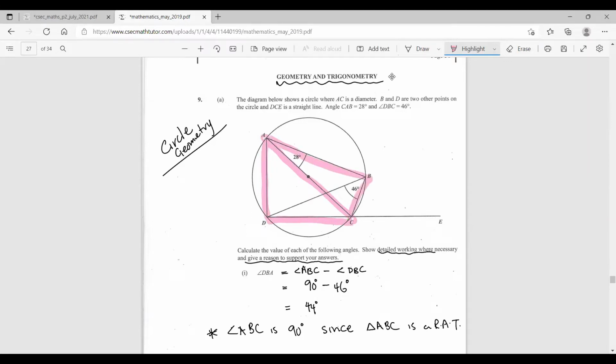I understand that one. I'm saying if this circle wasn't there. The circle will be there, it's circle geometry. Am I answering a question?